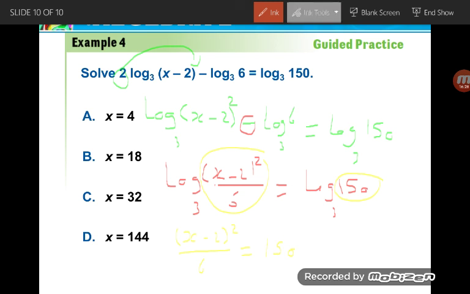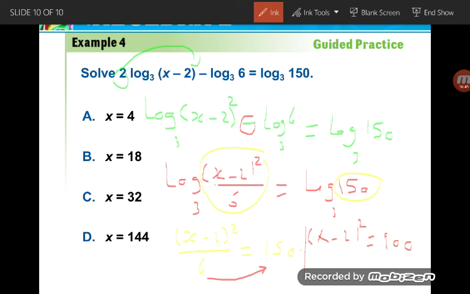By cross multiplication you can multiply 6 by 150, so x minus 2 squared is equal to 900.